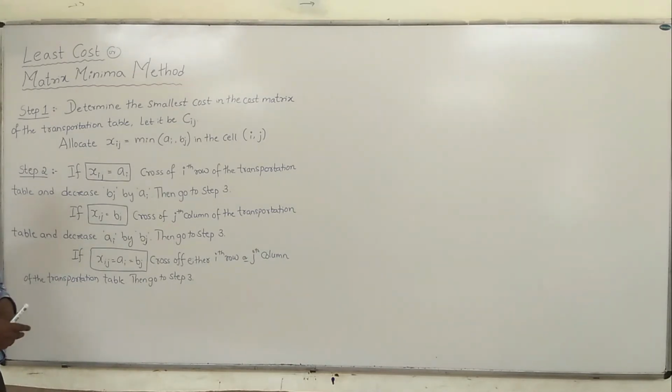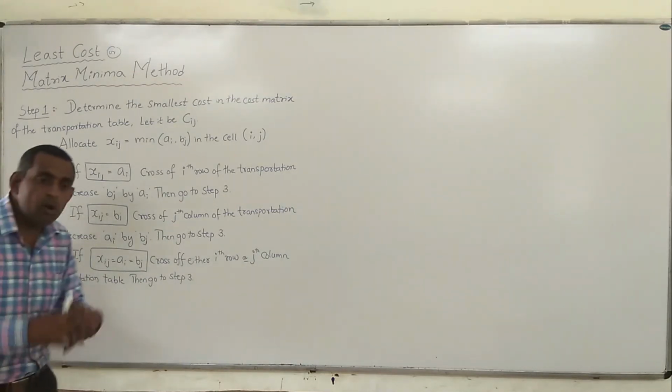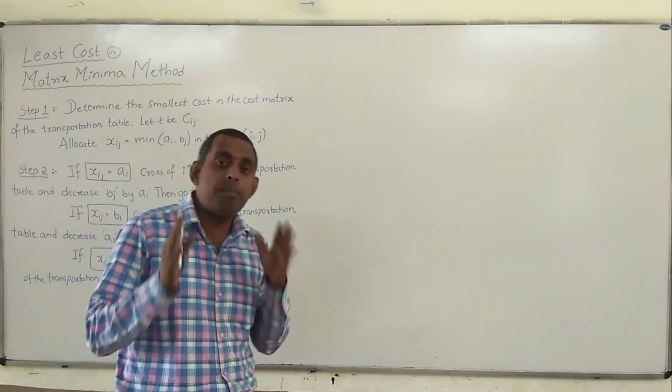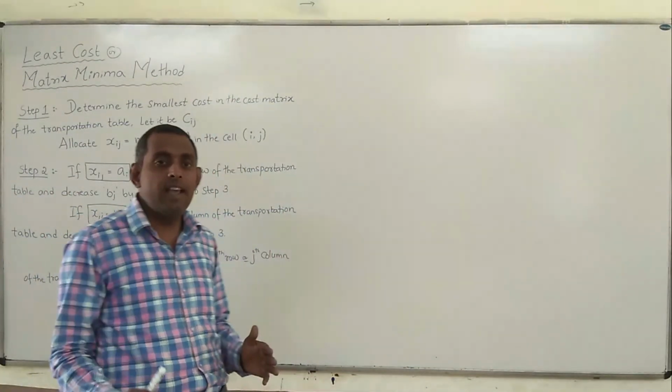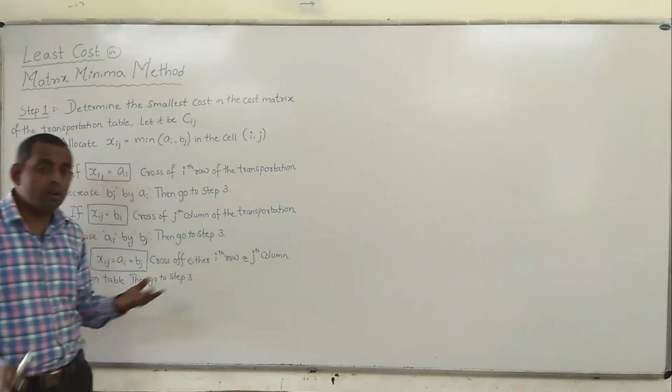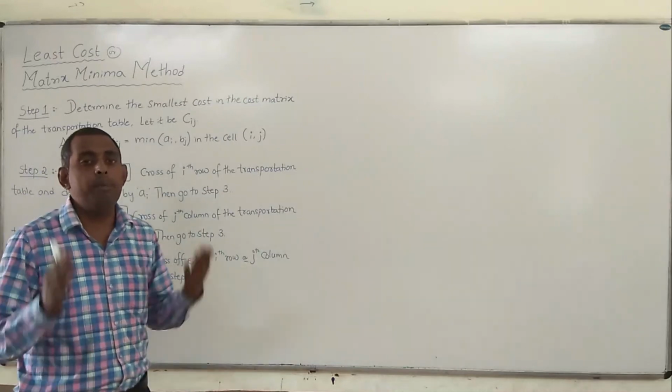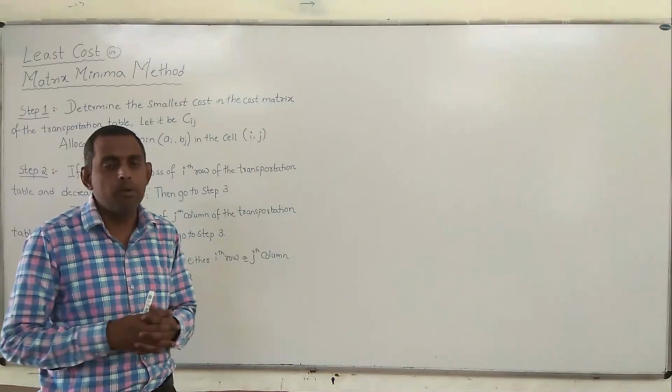Go to step 3. If both column and row are the smallest, that is, supply and demand in that particular row and column are the same, either cross off that row or column, which depends purely upon the one who is solving the problem. Fine.